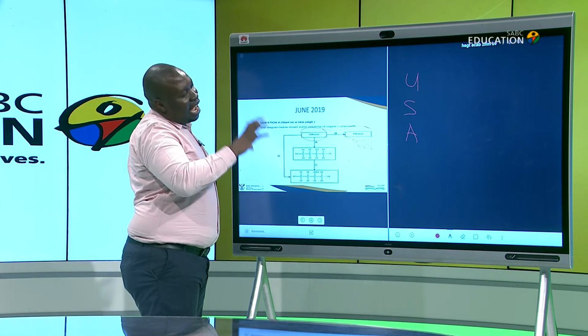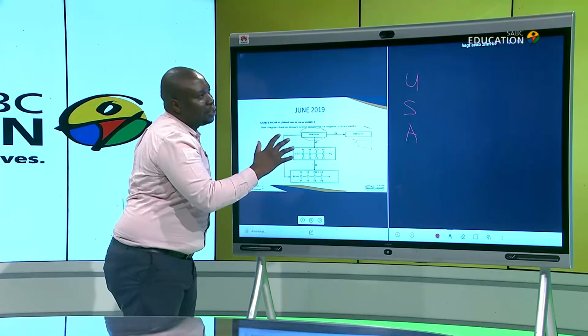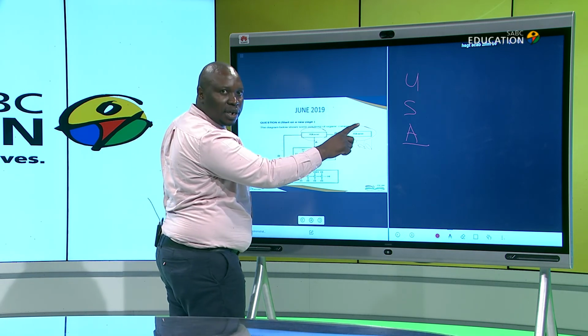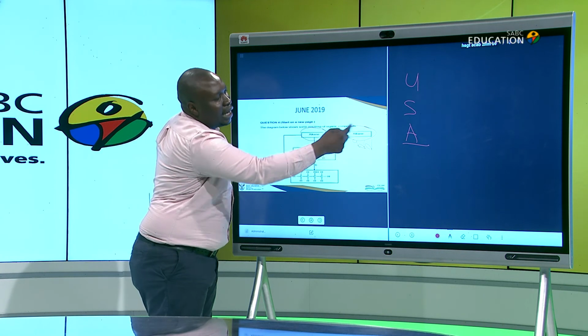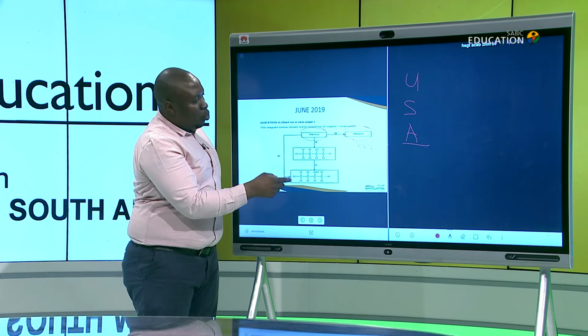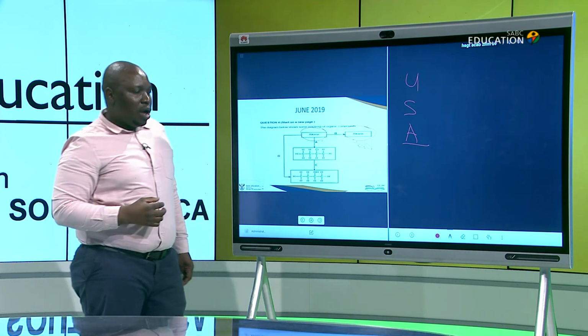Now, what type of addition? Because that is the next question. The first question is, what type of reaction? We said it's addition. Why is it addition? Unsaturated was forming saturated. Now, what type of addition? This one, you can see that we've added hydrogen. So that is hydrogenation. What type of addition? We have added HCl here. You can see that is hydrohalogenation.